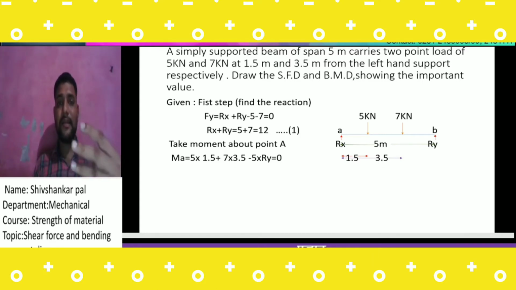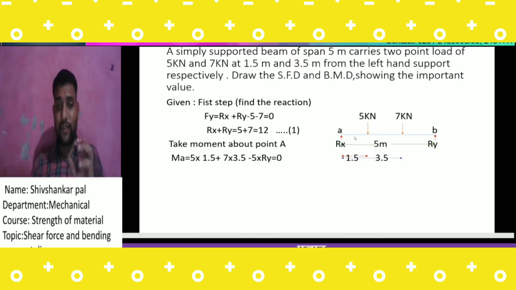When these three conditions are fulfilled, the system is known as an equilibrium system. So our first step is to find the reactions of our beam. As you can see in the figure, no force is applied in the x direction, so the sum of forces in the x direction is 0.